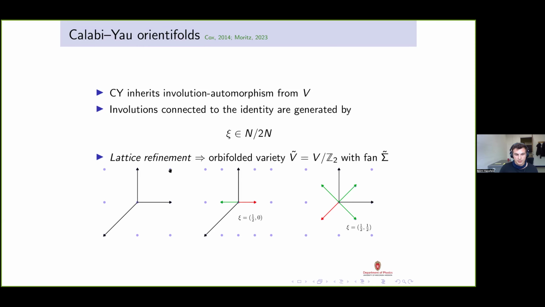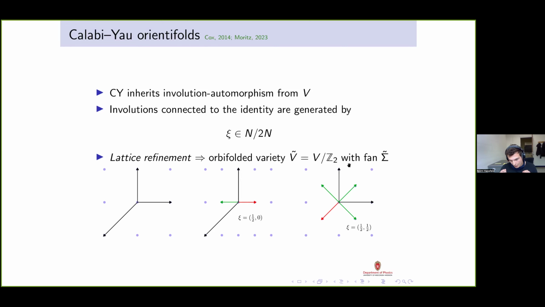So when you start out with a fan that looks something like this, you add this generator to your lattice. So your lattice becomes more fine. That's what it's called, the lattice refinement. And then you have to take your fan and adjust it in a certain way such that your orbifolded variety is as smooth as possible.